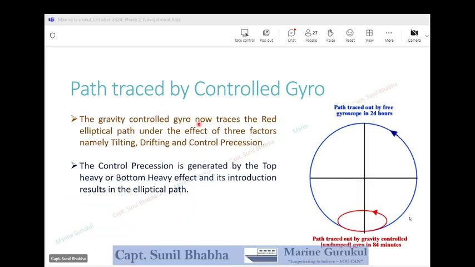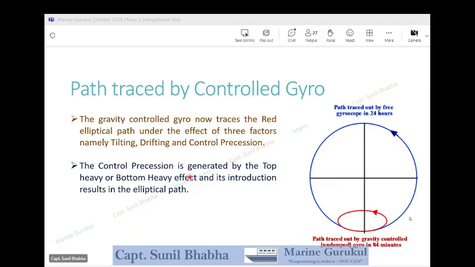So the gravity controlled gyro now traces the red elliptical path under the effect of three factors, which are tilting, caused because of change in altitude of the gyro star, drifting, caused because of change in azimuth of the gyro star, and control precession, which is caused because of the top heavy or bottom heavy arrangement which we have fitted.